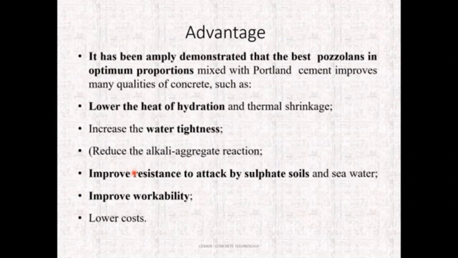Advantages of using mineral admixtures: it lowers the rate of hydration and thermal shrinkage, it increases water tightness, it reduces alkali aggregate reactions. It also improves the workability and lowers the cost of the concrete.